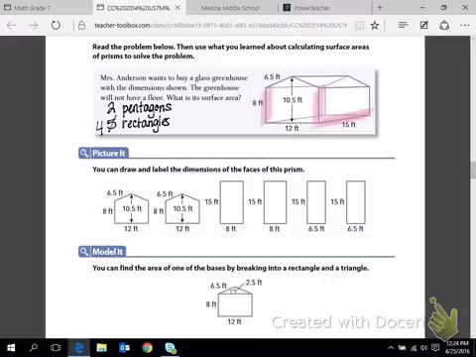So those 2 rectangles are the 2 sides. The other 2 rectangles are 15 by 6.5. Your 6.5 forms the roof, and on the other side would be the same, so that is 6.5 by 15. So those 2 rectangles come together to form the roof.